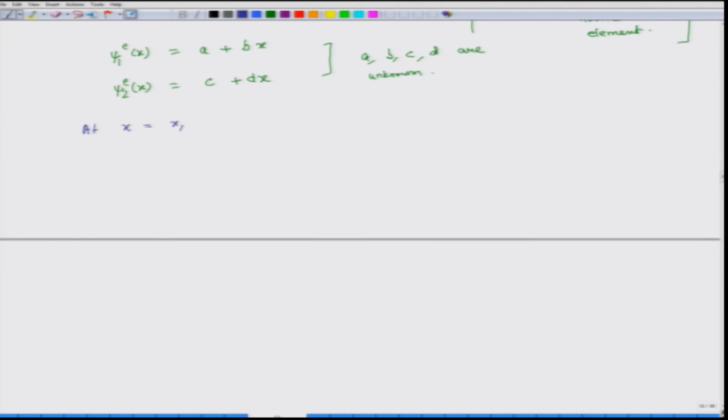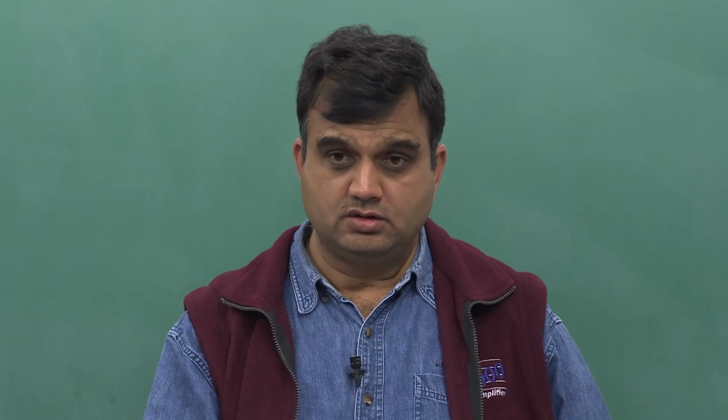At x equals xa, where xa is the first node of the element, u is equal to u1e, right, and we know that u is u1 psi 1 of xa plus u2 psi 2 of xa. Agreed? u is equal to u1e, this is how we have defined u1e, and we have also defined u as the summation of ui psi i.